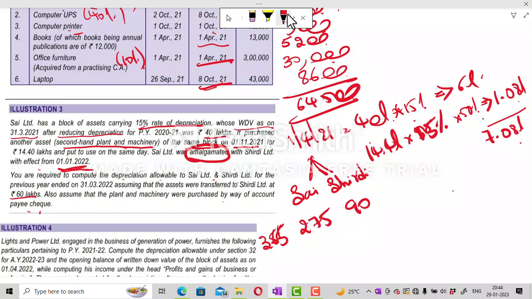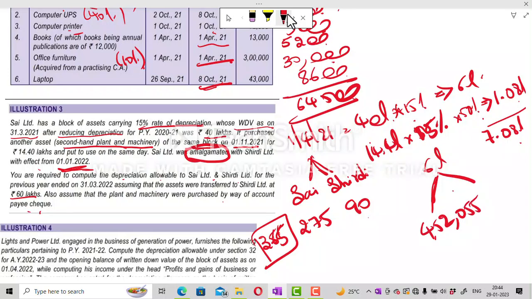First, opening block is used for 365 days and we have used it for Sai Limited for 275 days, for Shirdi Limited 90 days. So 6 lakhs should be bifurcated in that way. 6 lakhs divided by 365 into 275 is 4,52,055.